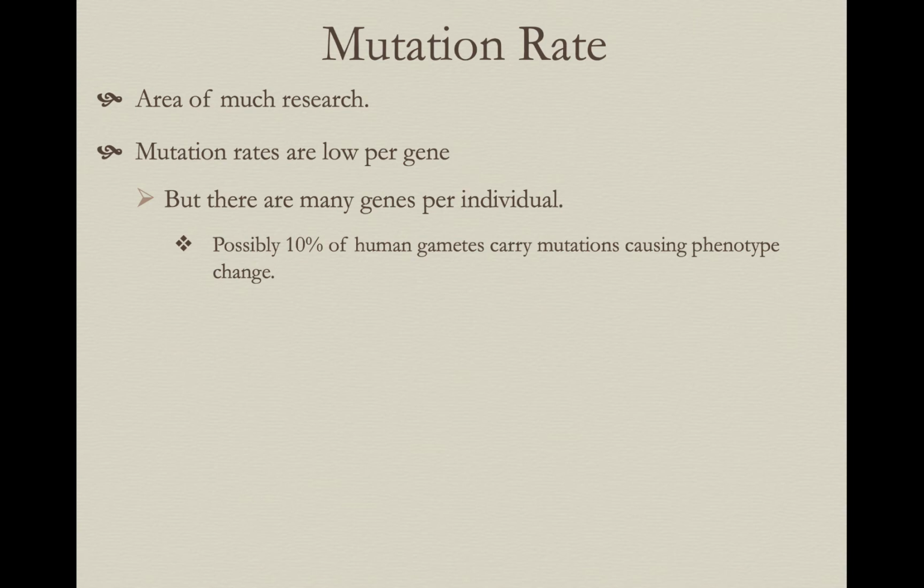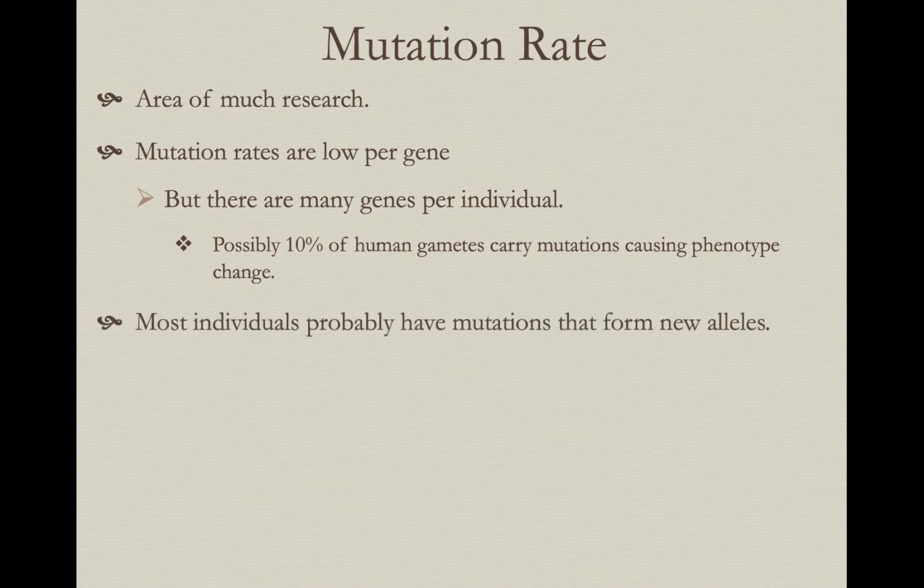But you have to think that in most diploid organisms, there are lots and lots of genes. So even a small probability of a per gene mutation accumulates to the entire genome of having a pretty good chance of having a mutation. So one study estimates that possibly 10% of human gametes have mutations that will actually cause some phenotypic effect, some phenotypic change.